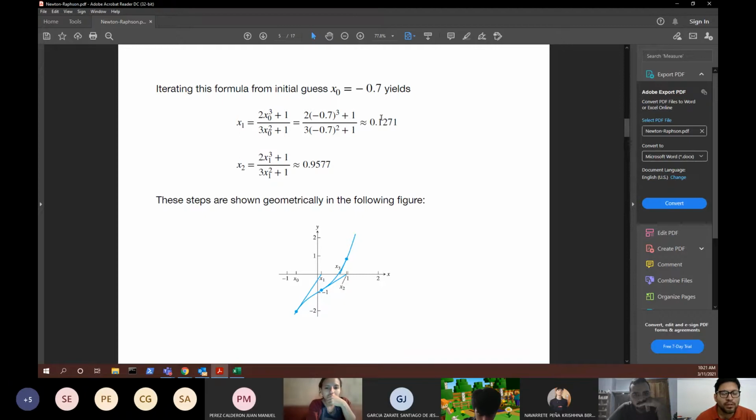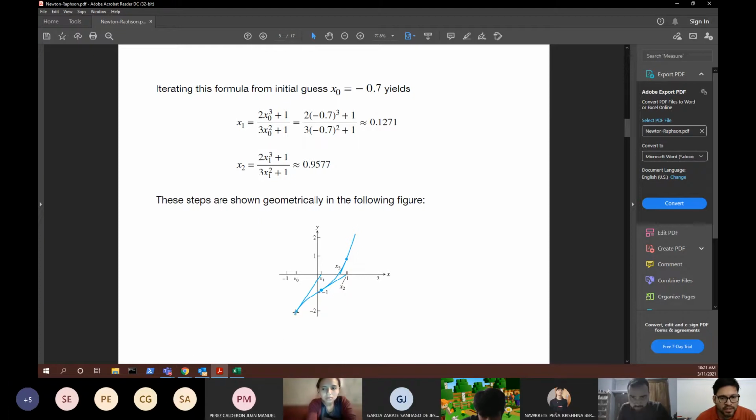And then we use the 0.1271 and, using the same formula, we obtain approximately 0.9577.